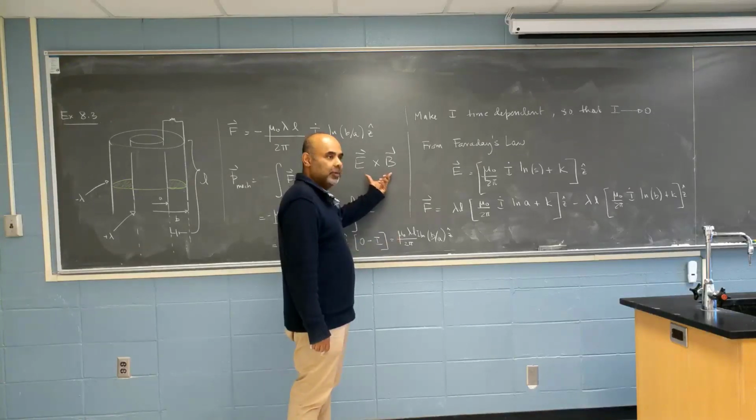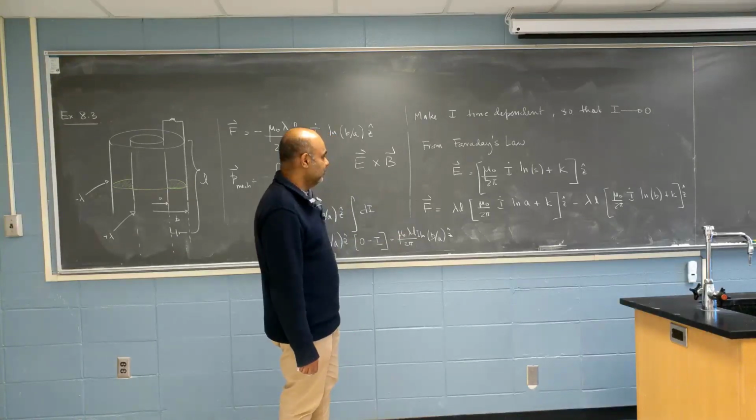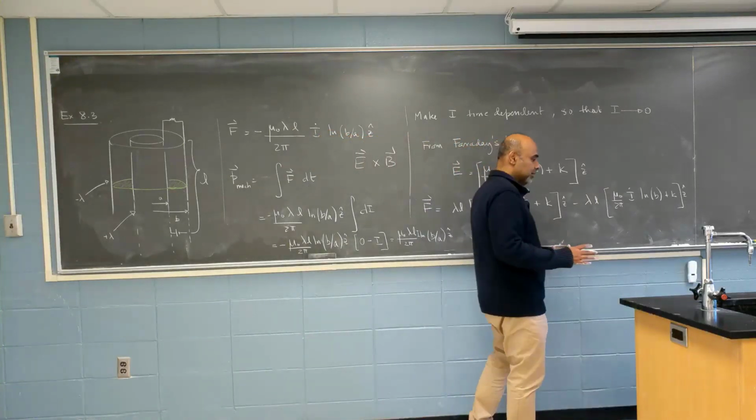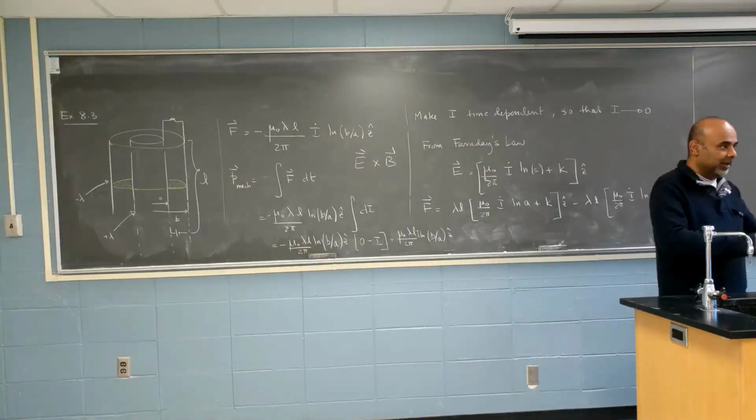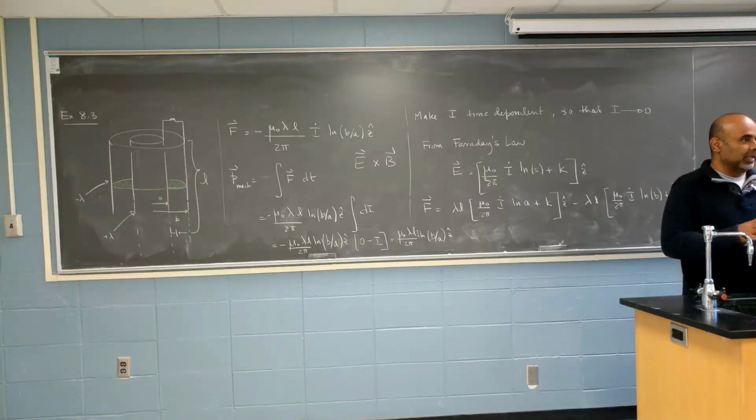This contributes to energy density. It also contributes to momentum density. So if you take a parallel plate capacitor, where there's an electric field, and you put it in a magnetic field, there's momentum. Somebody's fighting something to keep things in place.